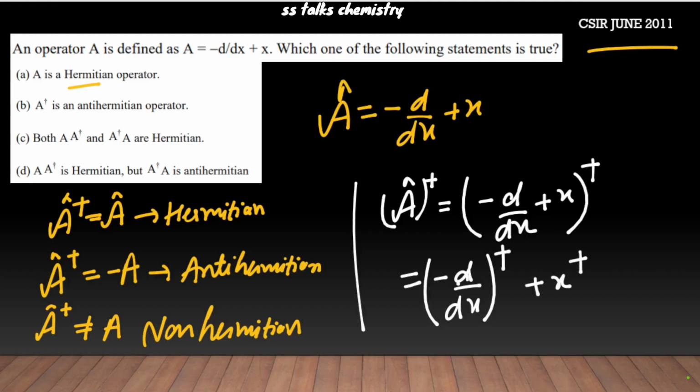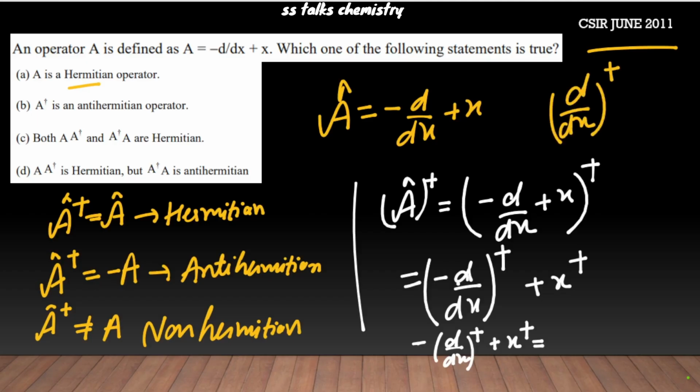Now we know that the dagger of d by dx is minus d by dx, and the dagger of x is x only. These properties we know and that is what we are going to use. So it will become minus of minus d by dx plus x.